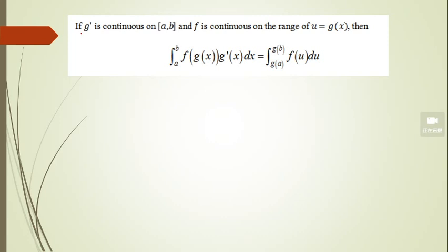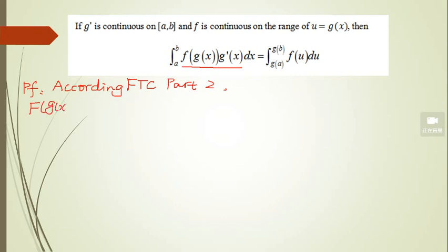Here we understand that according to FTC part 2, the fundamental theorem of calculus part 2, for this integrand, big F(g(x)) is any antiderivative of this integrand f(g(x)) times g prime.